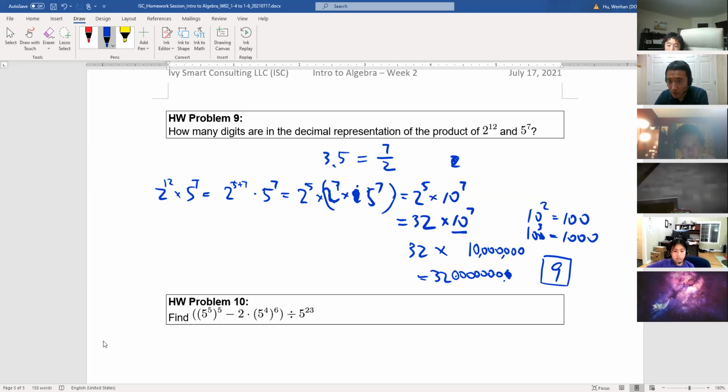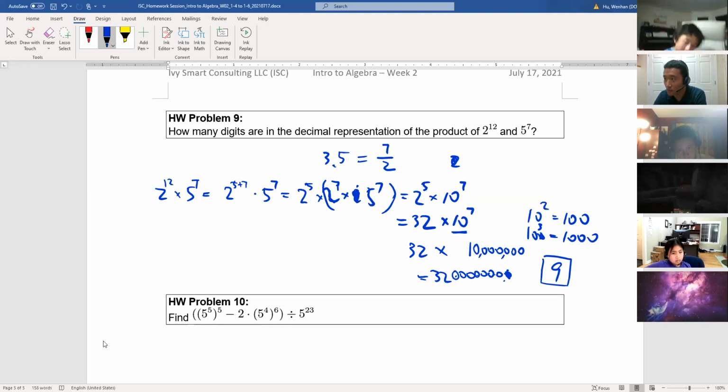Again, we don't really want to multiply these numbers out because they are huge numbers. There must be some trick we can do to calculate easily. The trick is to get the same number of copies of 2 and of 5, and make them copies of 10. It's very easy to count how many digits there are with powers of 10.